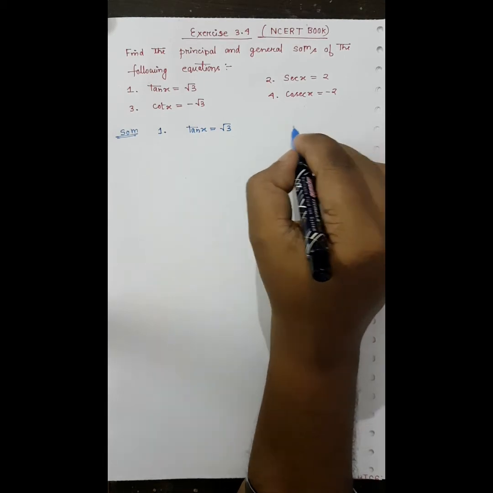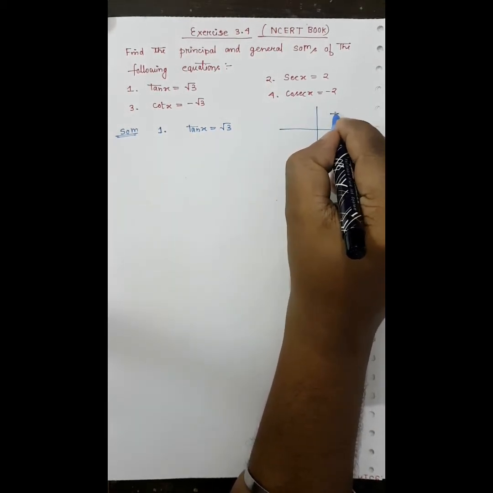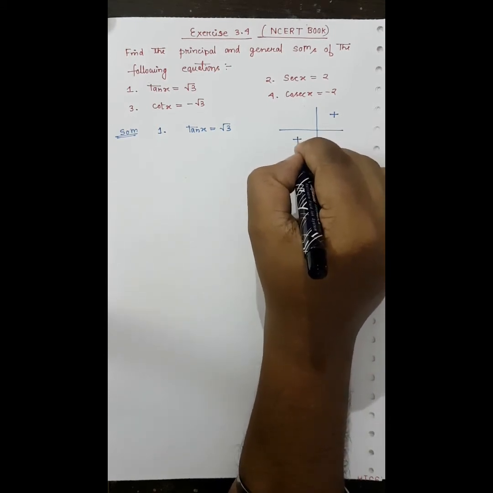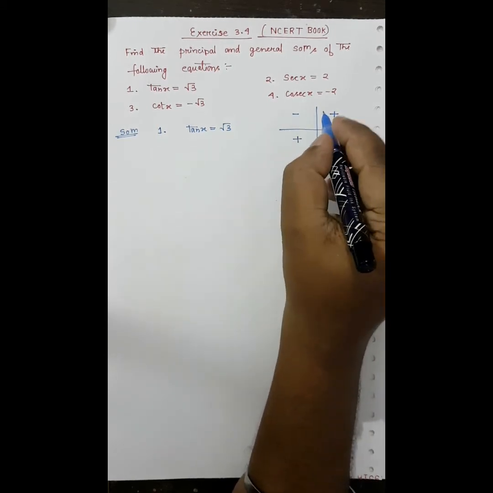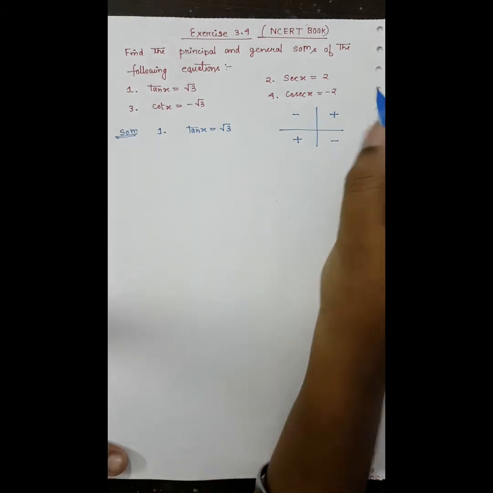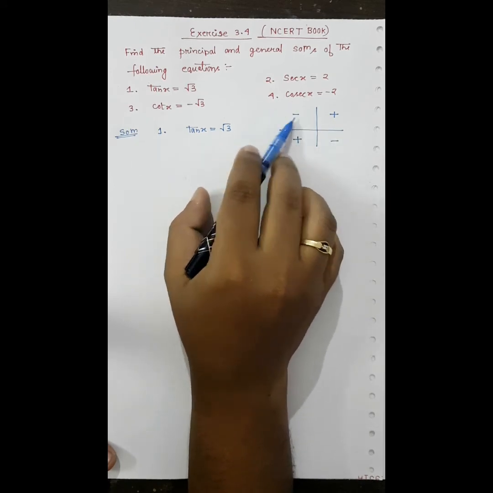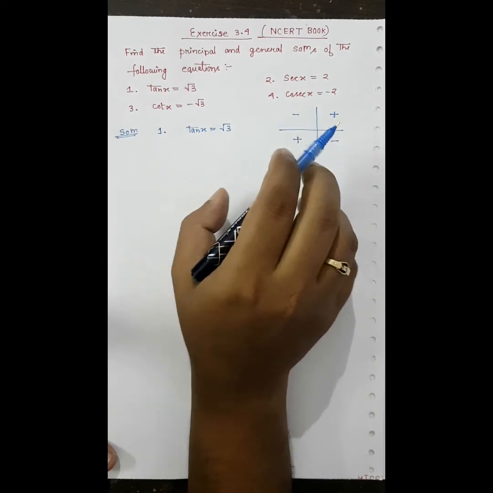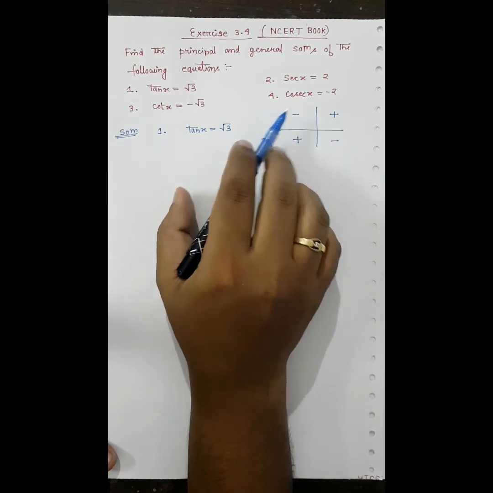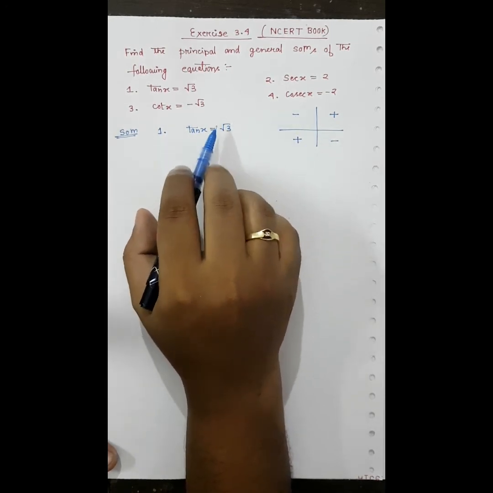Before solving this, remember that tan x is positive in the first and third quadrants, and negative in the second and fourth quadrants. Whenever the value of tan x is negative, the angle must be in the second or fourth quadrant, so you have to make the angles in those quadrants. Now here it is root 3, which is positive.